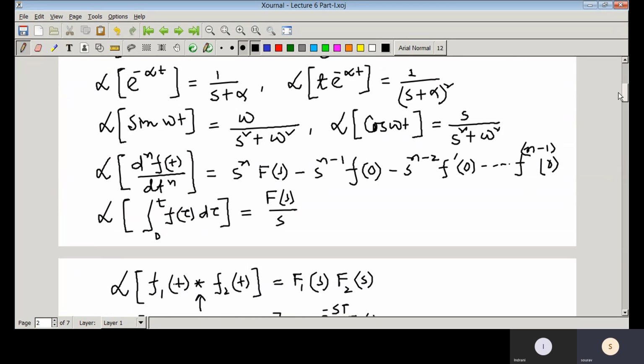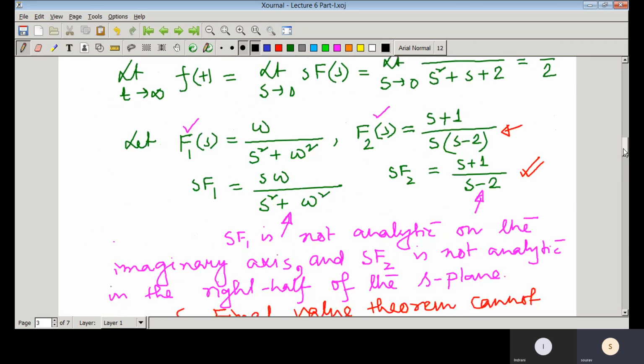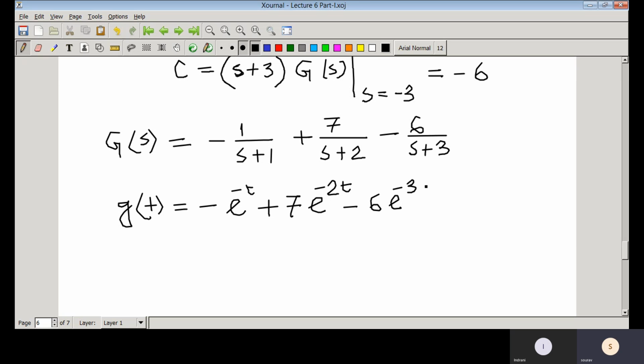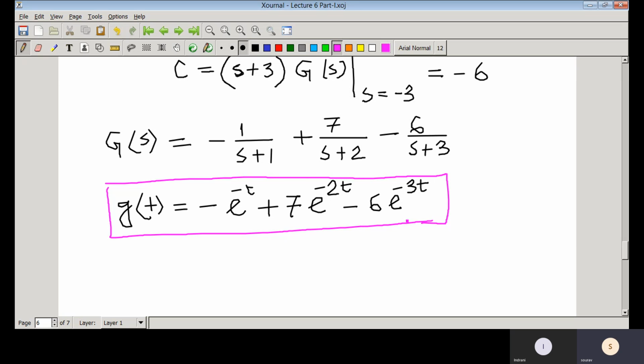Applying those, you will get g(t) equal to minus e to the power minus t, plus 7 e to the power minus 2t, minus 6 e to the power minus 3t. This is that g(t), and you get this expression just by applying the inverse Laplace transform.